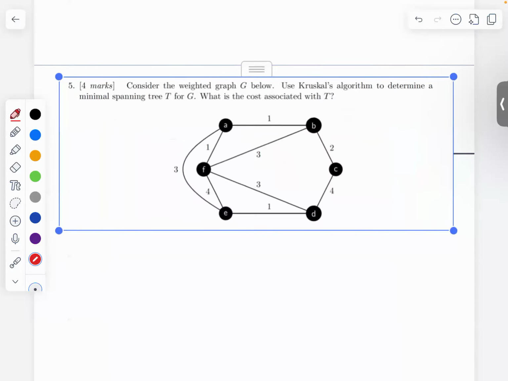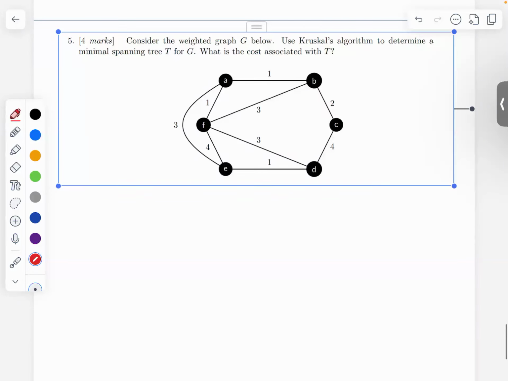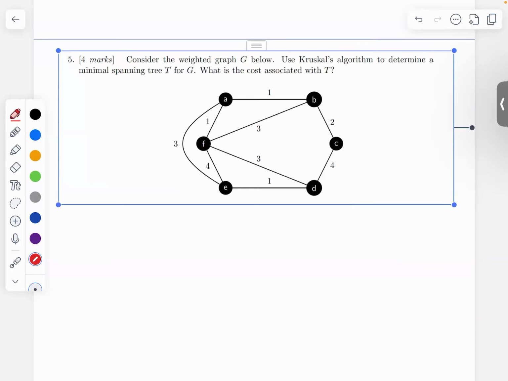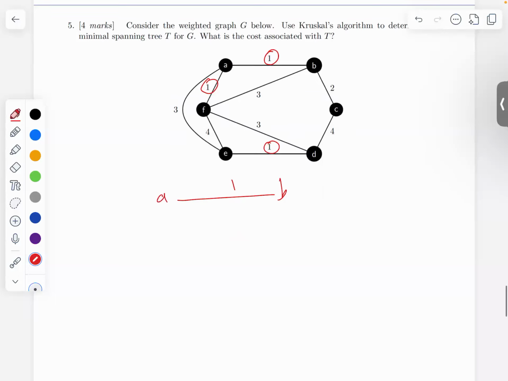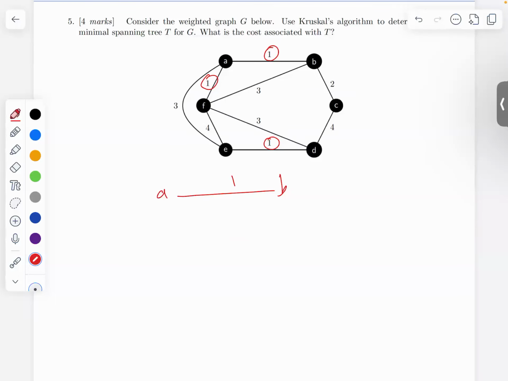Okay, now we are trying to do this question. Cross call. So at first we will list the edges. So we see that maybe A, B once. So I focus on the low-costed edges. F, 1, 1.